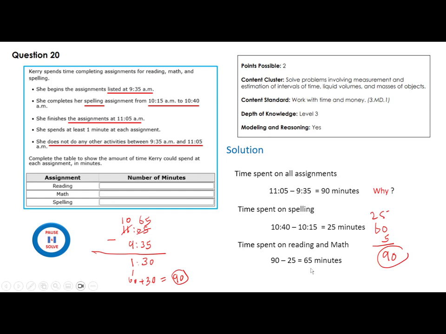So you have a lot of options, many solutions. These two have to add up to 65. So you can have 20 if you want and 45, for instance.